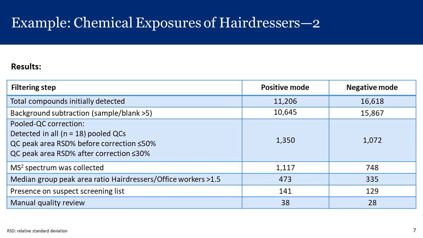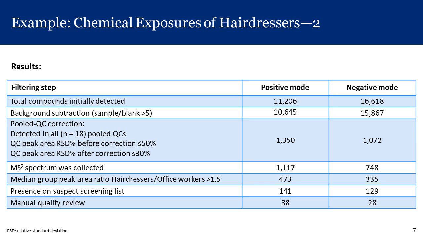So with our high-resolution mass spectrometer, a technique that detects both positive ions and negative ions, initially in all of these samples we detected 11,200 compounds in positive mode and 16,600 in negative mode.